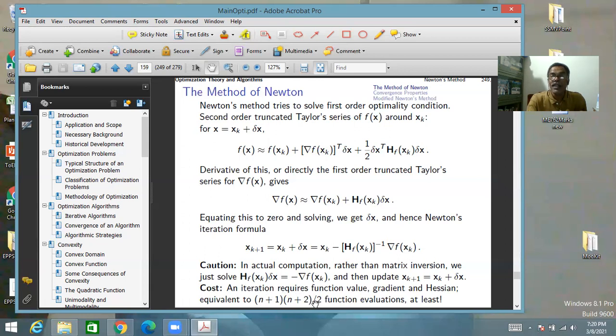I mean, at the least, because this is what you get if you use forward differencing for the derivatives. Central difference would require even more. So it's quite costly, and the costly part is the Hessian computation. Now, costly is worth it because one iteration may produce a lot of advantage, and that is what we will see.